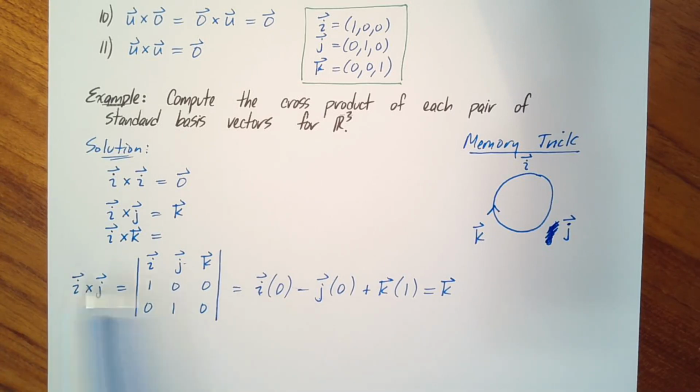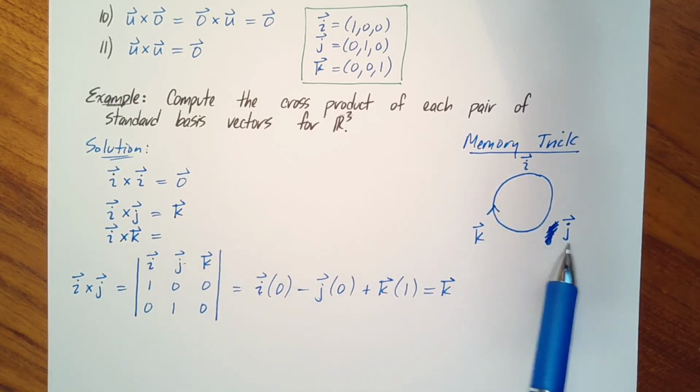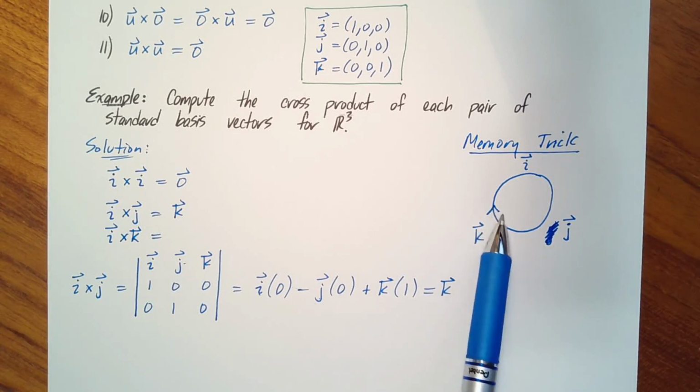And here's how you can do the product, right? If you want to take the cross product of any two vectors, like i and k here, for example, the result is just going to be the other vector. So if it's i cross k, start at i and move to k next, and then you're going to get your answer over here. Except, ask yourself, if I go from i to k, I'm actually going against this clockwise motion.